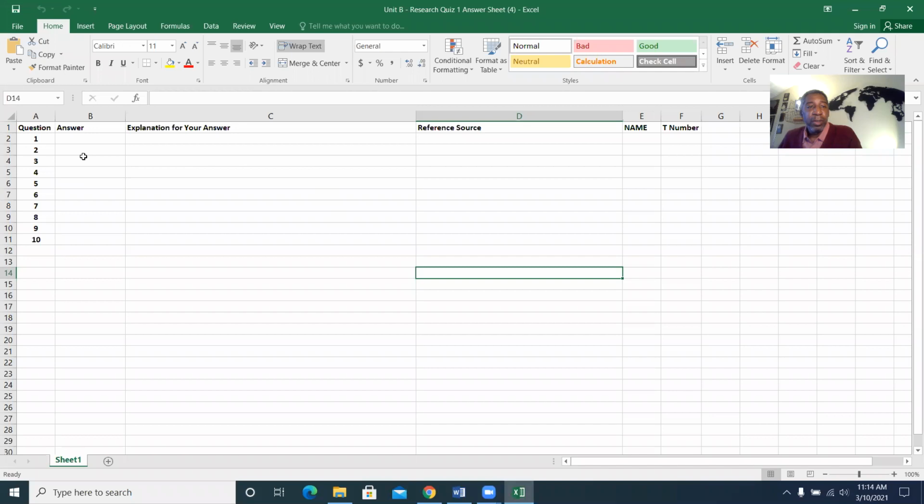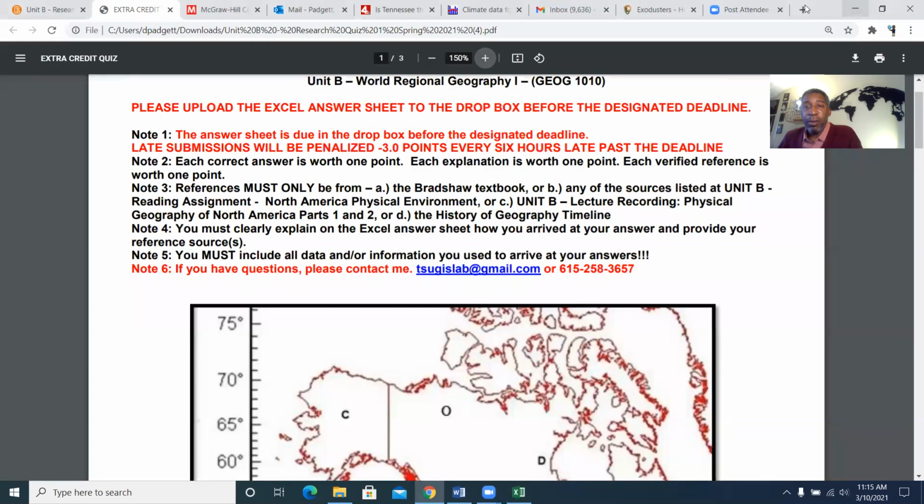So you provide the letter for your answer here, then the justification for your answer there, and then the reference source here. I went over all of this in Monday's lecture, so you should refer back to that recording. And again, if you have any questions about how to go about completing this quiz, let me know.